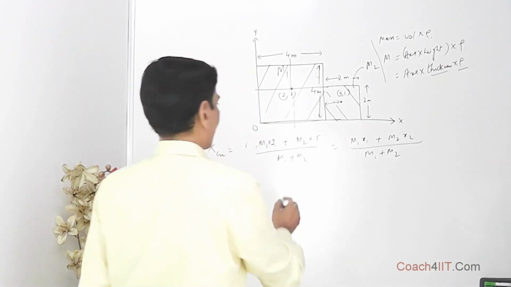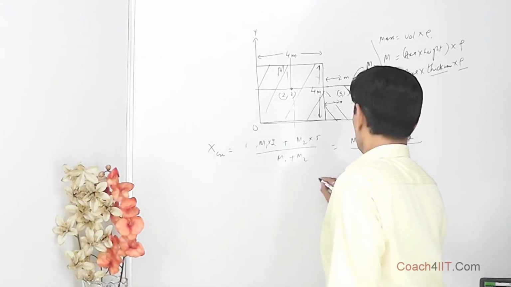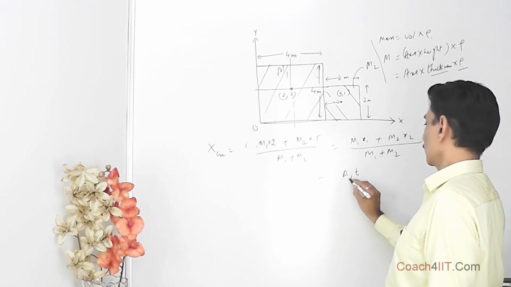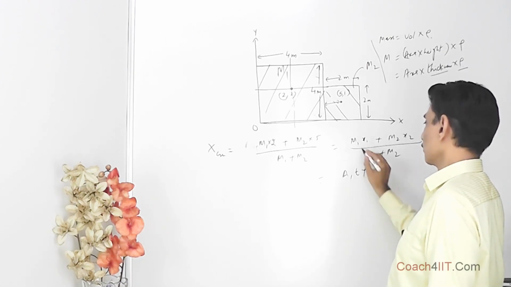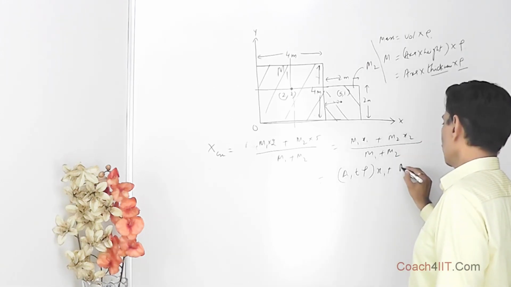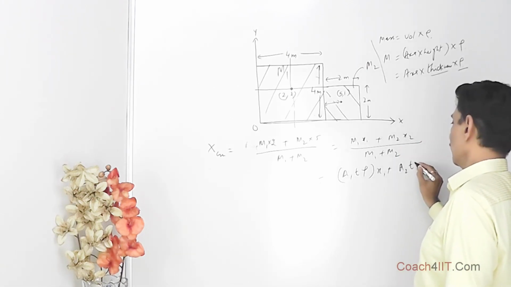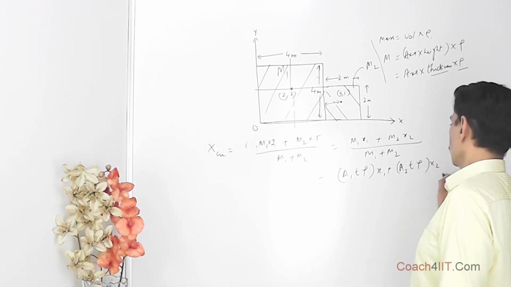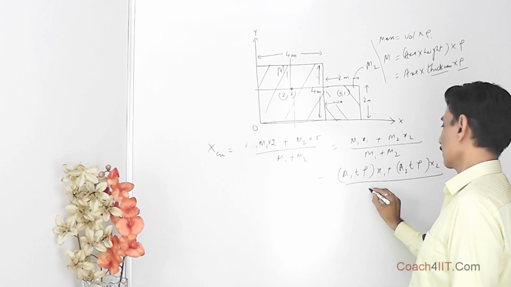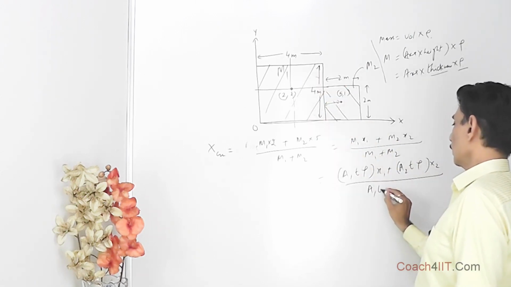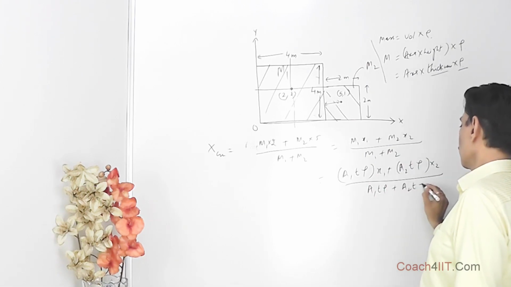So if you put it over here, instead of M1 we can write area into thickness, that is volume into density, which is mass, into X1 plus M2. M2 is area into thickness, that makes volume into density, which makes mass, into X2, over mass of 1, that is area A1 into thickness into density, plus A2 T rho.